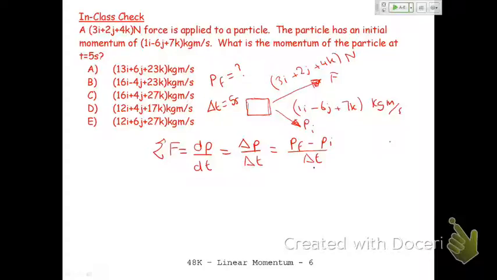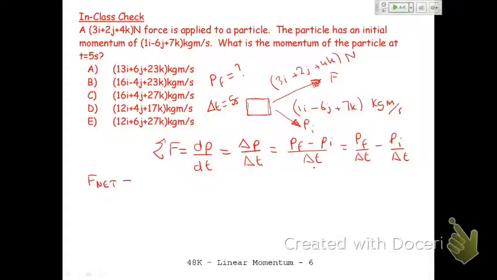Let's rearrange this. This equals P final over delta T minus P initial over delta T. I'm going to call it F net.